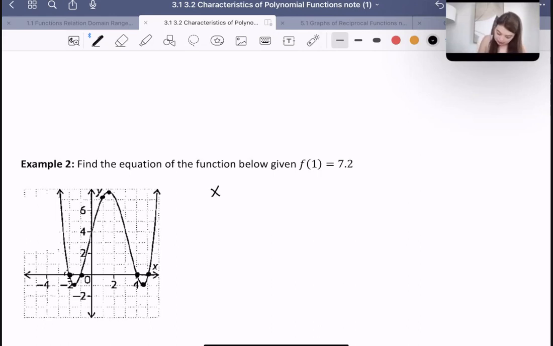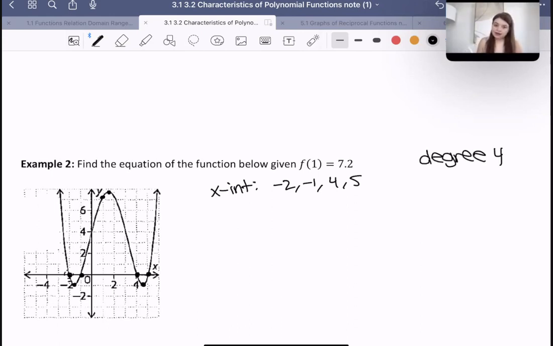So I can see that there's x-intercepts at the following points, at -2, -1, and 4 and 5, right? And what else can I see? I can see that this function opens up on both sides, so it must be an even degreed function. So given that there are 4 zeros and 3 turning points, I'd say it's a pretty safe bet to say this is a degree 4 polynomial.